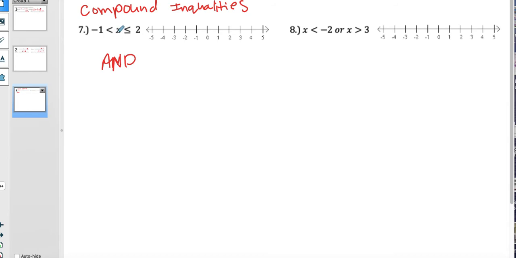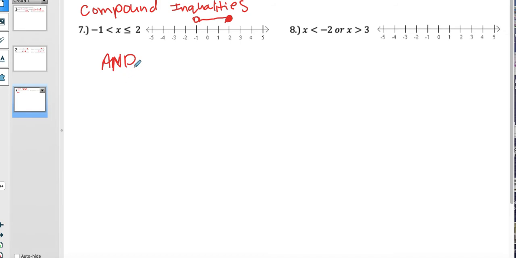I need x to be bigger than -1 and I need x to be smaller than or equal to 2. So I need to again use two circles on this problem. So I'm going to have an open circle at -1 and I'm going to have a closed circle at 2. And so this AND situation is going to be indicated by this segment in between my open and closed circle. So it's showing that those are all of my possible values, with the x sandwiched here in between.